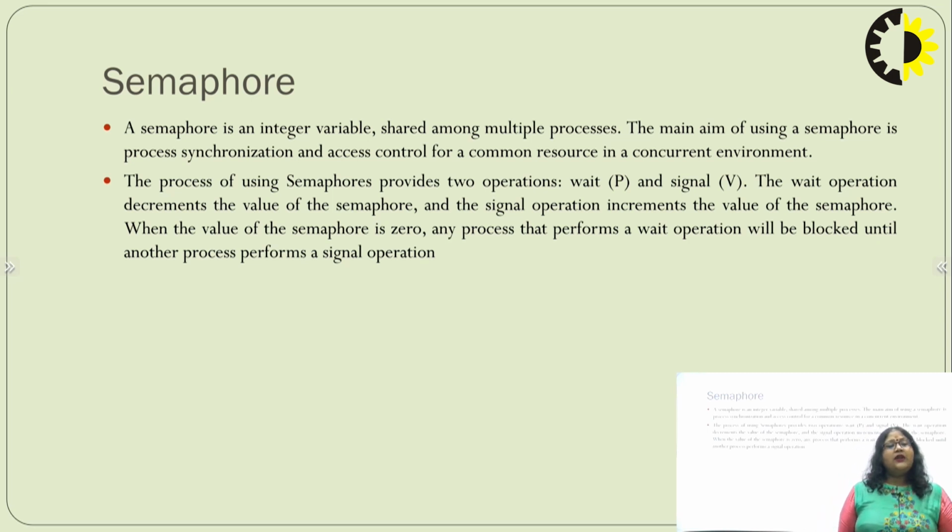If the value is 0, it becomes -1, which is negative, so that process is blocked. When the signal operation is used, it performs the wake-up. So, this is the basic concept of the semaphore.